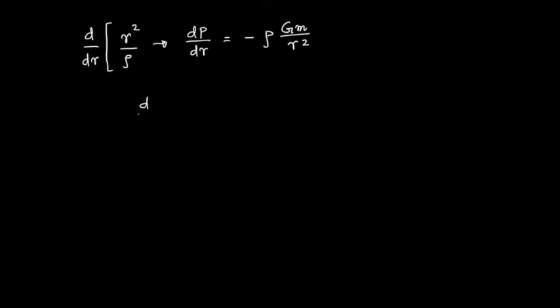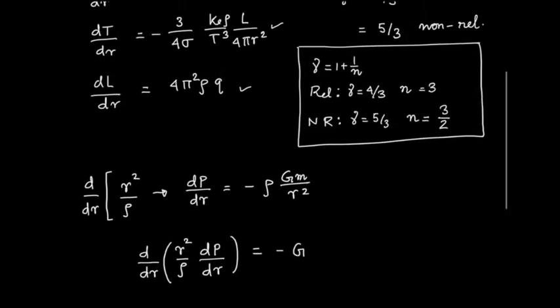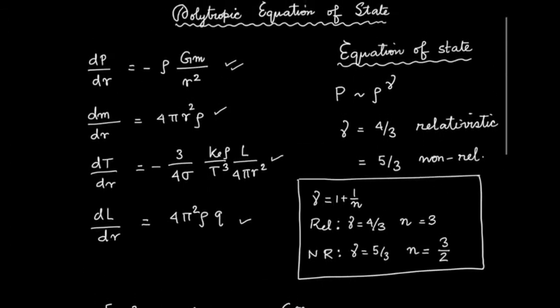So let's see what I get. I get d/dr of r square by rho dP/dr on the left hand side. On the right hand side, I have rho by r square, that cancels r square by rho. I get minus G, and then I have dM/dr that I can replace from the second equation here. dM/dr is 4 pi r square rho.